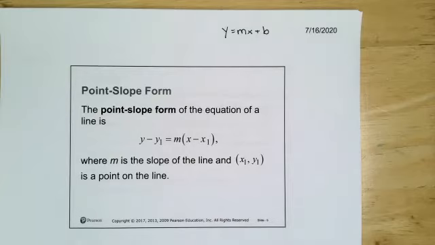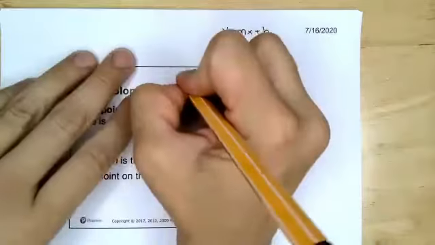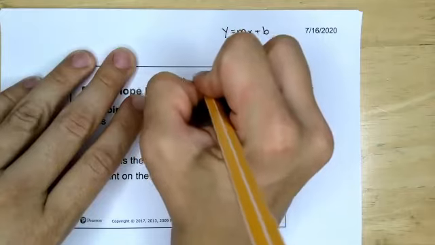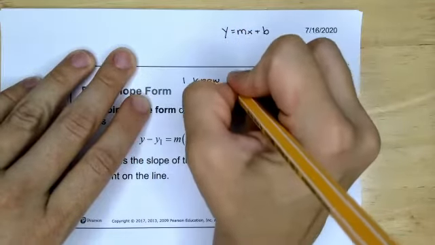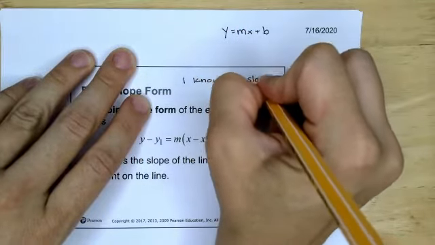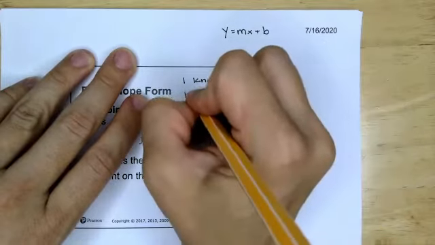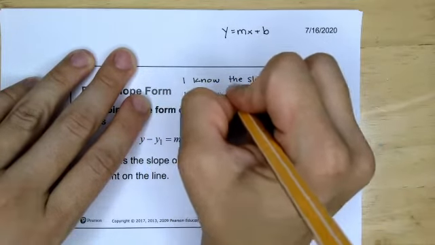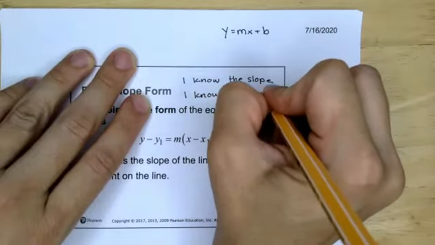Okay. So this is for situations when I know the slope, I know one point on the line.